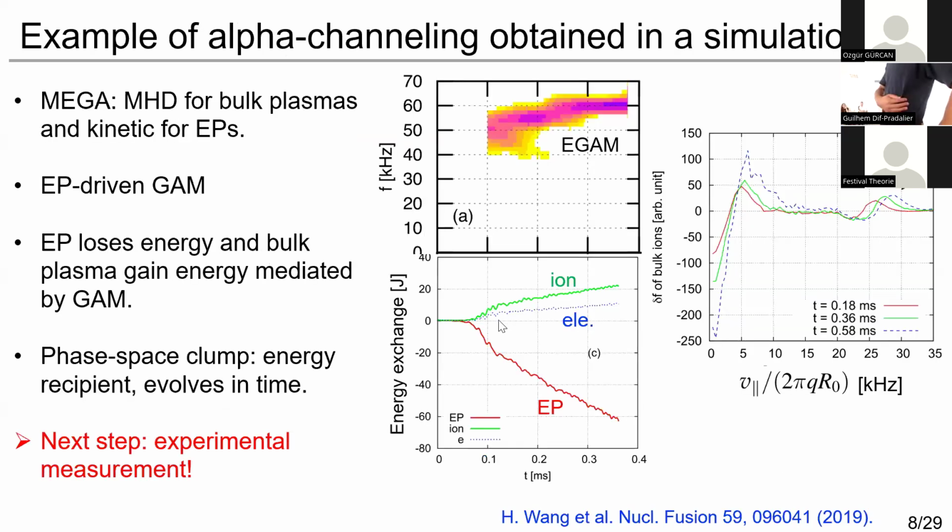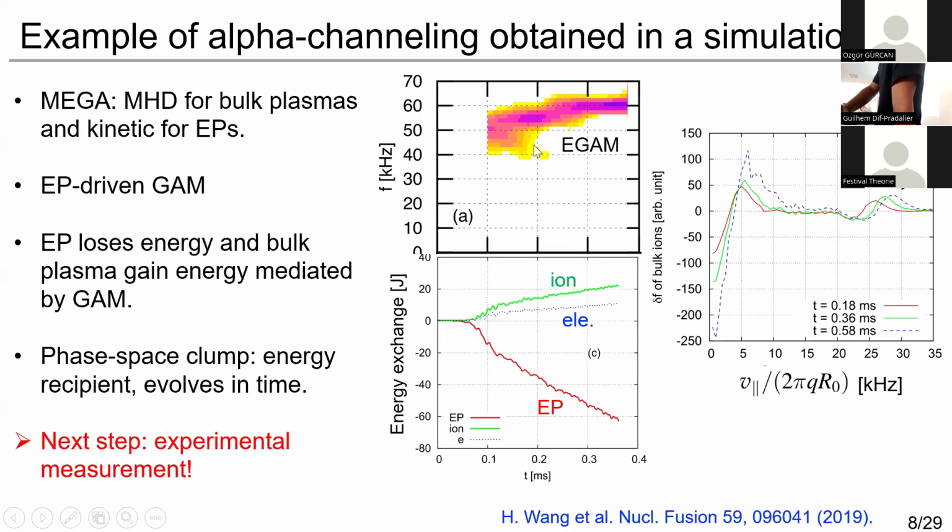Let me show some examples of energetic particle channeling, which is obtained by an MHD kinetic hybrid code called MEGA, for reproducing the dynamics of the bulk plasma and energetic particles, respectively. What I'm showing here is a time evolution of the frequency spectrum, which shows a coherent and chirping fluctuation structure which corresponds to the gamma.